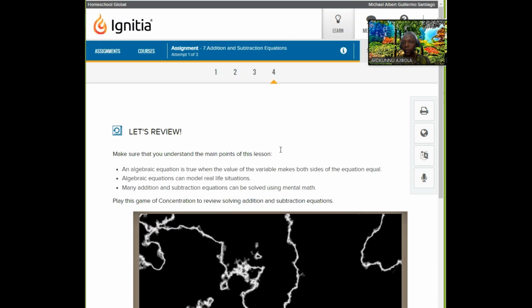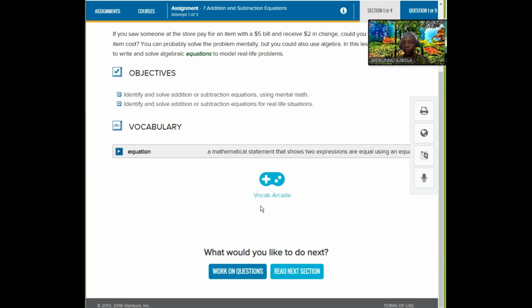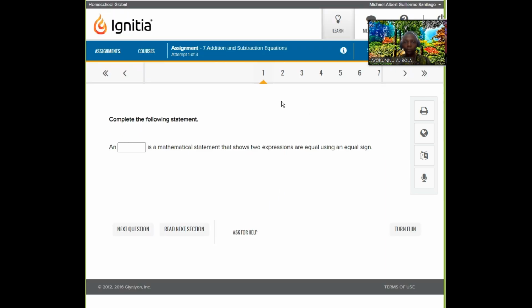Okay, let's try to work on questions now. This should be an equation. An equation is a mathematical statement that shows two expressions are equal using an equal sign.